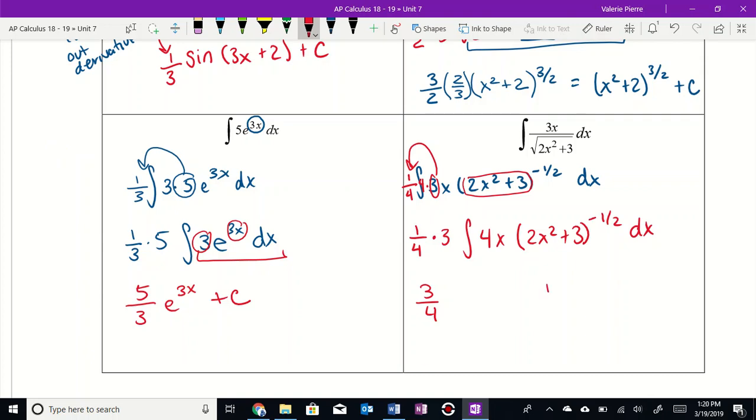So we have 1/2. We're going to keep our inner function, which is 2x squared plus 3. And we're going to divide our constant by our new exponent. So 1 over 1/2, which will give me 2 over 1, which is equal to 6 over 4 or 3 over 2. So we have 3/2 times 2x squared plus 3 to the 1/2 plus c.